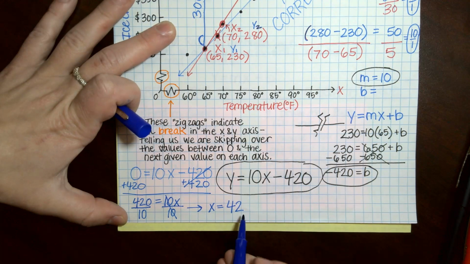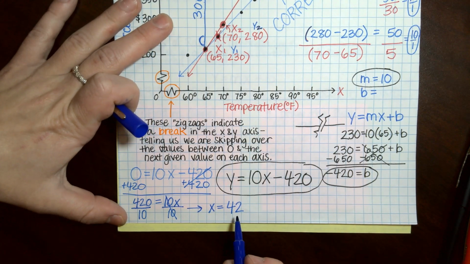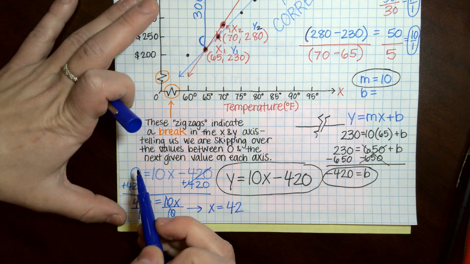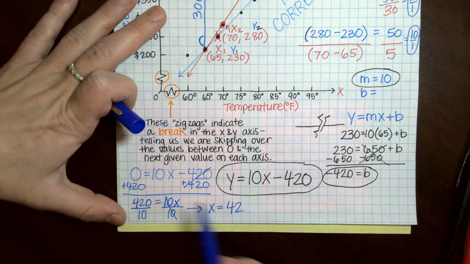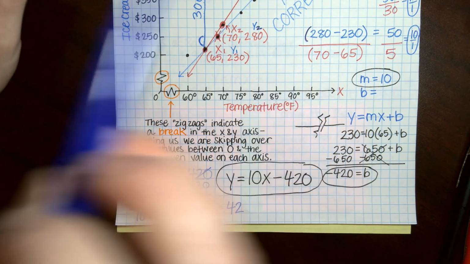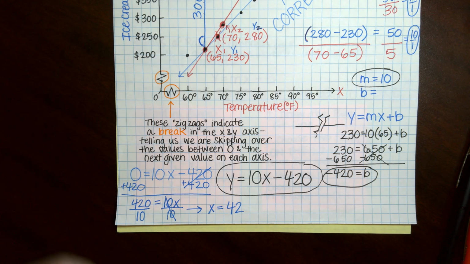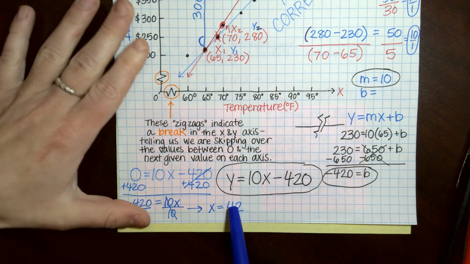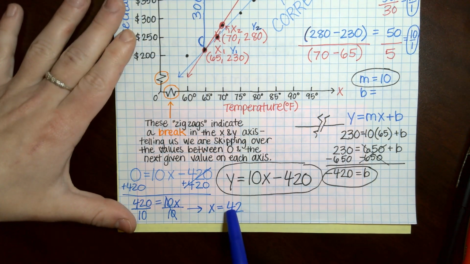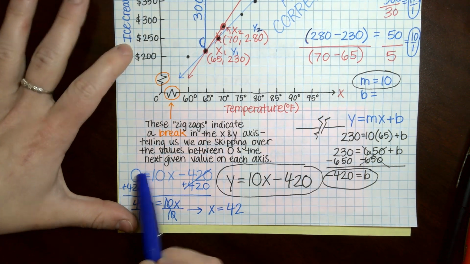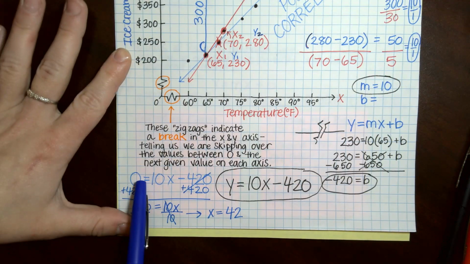Since we found out that x is 42 when y is 0, what do these numbers tell us about our graph? What are x and y standing for here, and how can we reason with this answer? 42 degrees Fahrenheit. So our y, our ice cream sales, is 0.